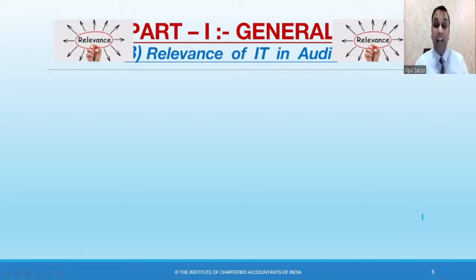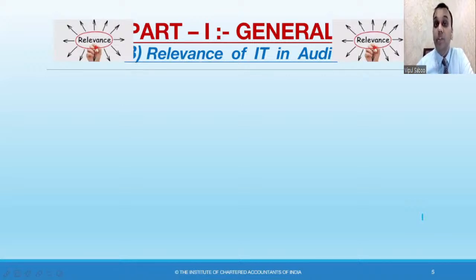Very important. IT is something which needs to be understood by almost every field nowadays. IT is the future. And as an auditor, SA 315 lays responsibility upon us that once you are auditing any client, you must have thorough knowledge of his business, his operations, his environment.